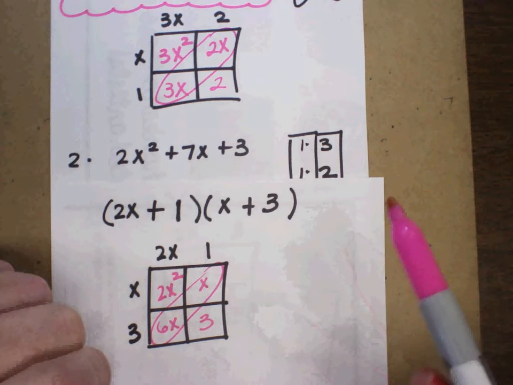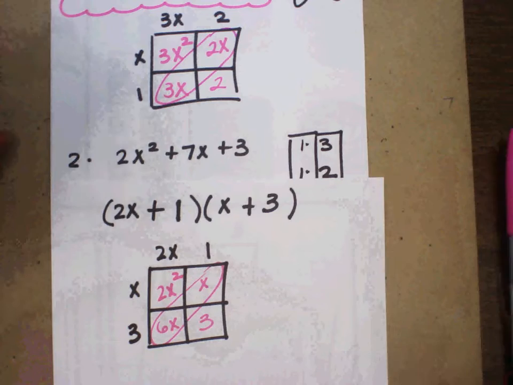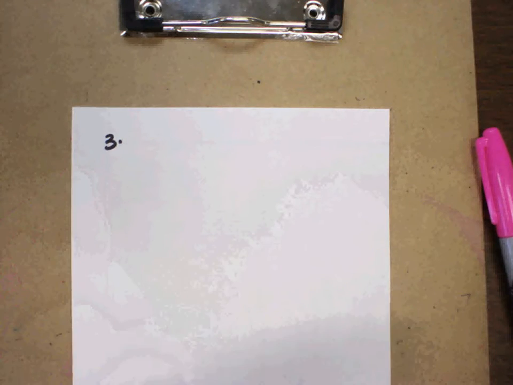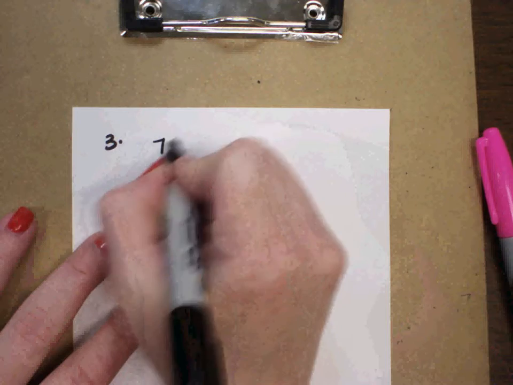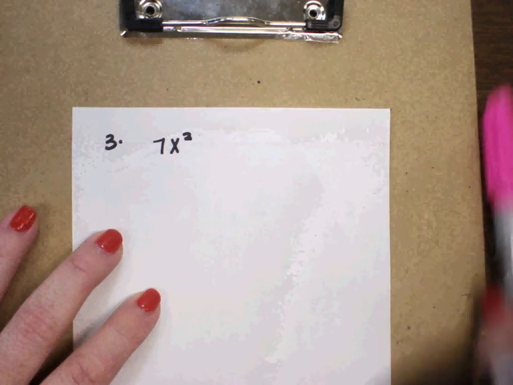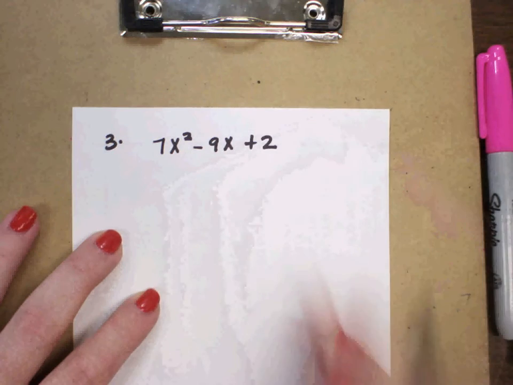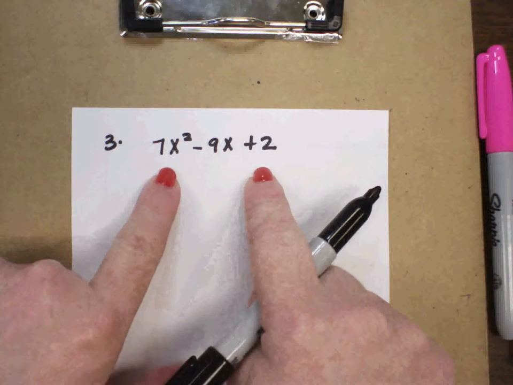All right, so factors of 2 and factors of 7. Now this is a minus and a plus, so both of them should be minuses. All right, 2 would be 2 and 1, and 7 is just 7 and 1, right?